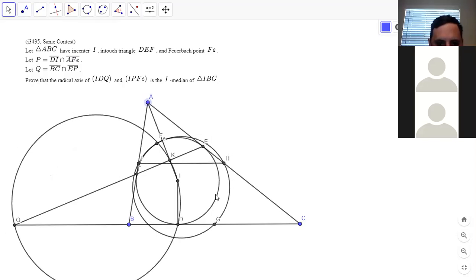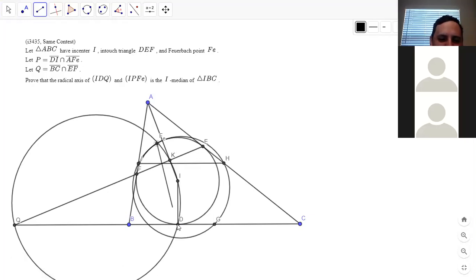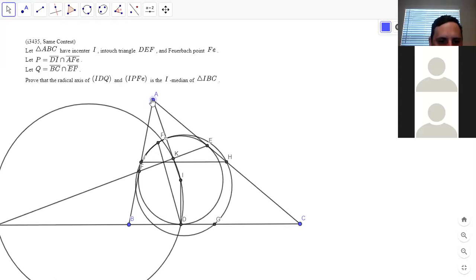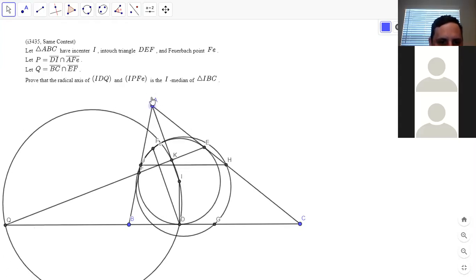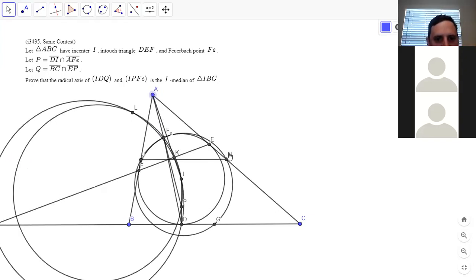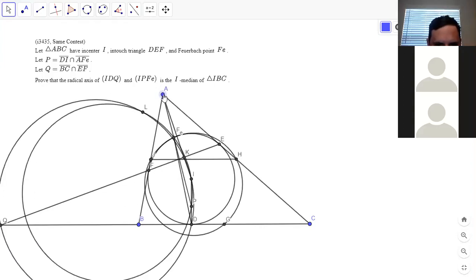So DFE is this circle, right? Not the circle, just the line DFE. Line DFE, D Feurbach point. Oh, whoops. My bad. Interesting. But I don't know how to prove that. I just saw that as a problem somewhere. We proved that in an earlier session to solve a problem about the Feurbach point. Oh, okay. All right.